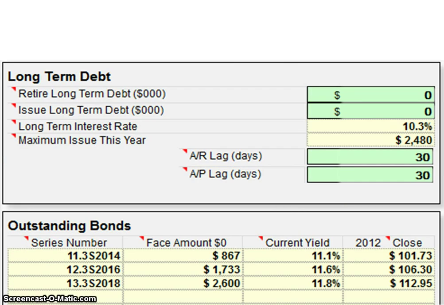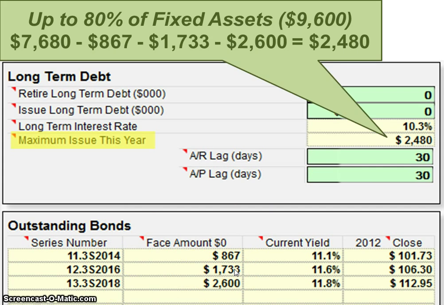If we want to, we can also raise debt, get some debt to help pay for the things that we're going to buy. And our maximum issue this year is $2,480,000. You can also see that we've got some bonds outstanding here. Those will have some consequences later on. But how do they calculate this? Well, you can get debt funding up to 80% of your fixed assets. So I looked on the balance sheet of this company. They had $9.6 million in fixed assets, and so 80% of that would be $7,680,000.